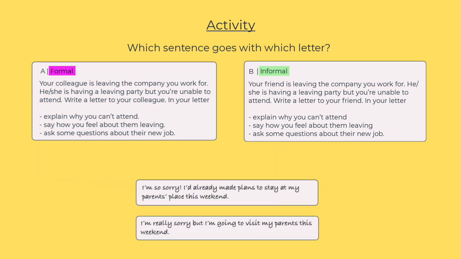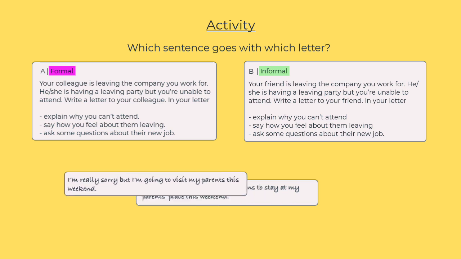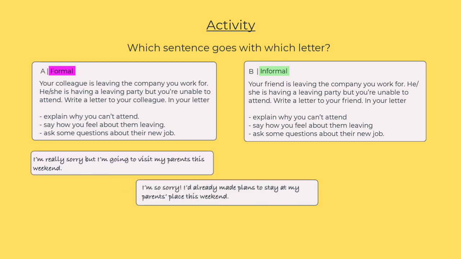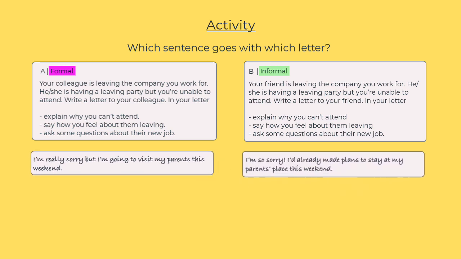Next, again, hit pause and match the sentence to the letter. You ready? This sentence is more formal, and this one's slightly more informal. The word so here is informal. We often say, I'm so sorry, I'm so happy, or I'm so angry, to add emphasis in a conversation.